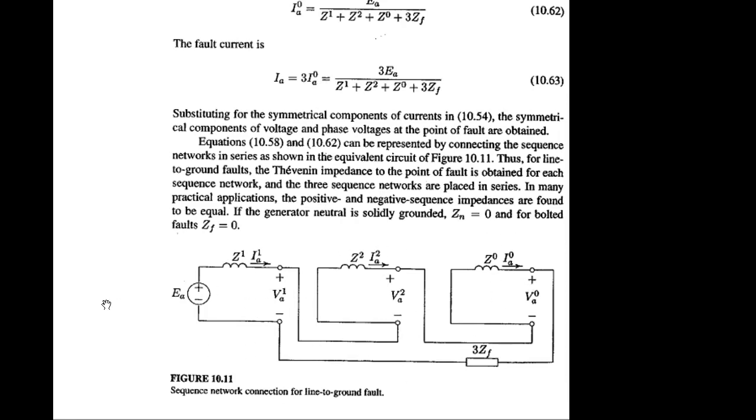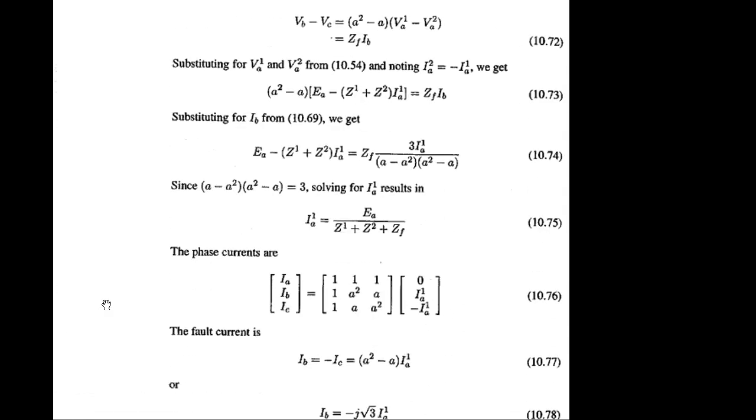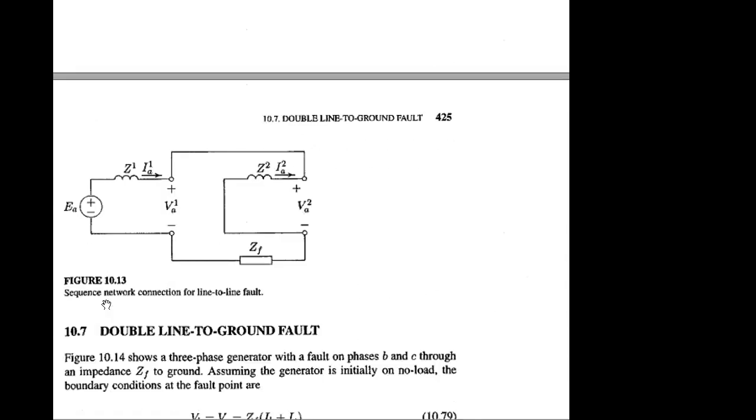Now, if we want to check the other faults, what will be the equivalent circuit response? This is the circuit response of the double line fault. Here you can see this part is absent, right? The third part is not there; only the positive sequence part and negative sequence part are there for the double line fault scenario.